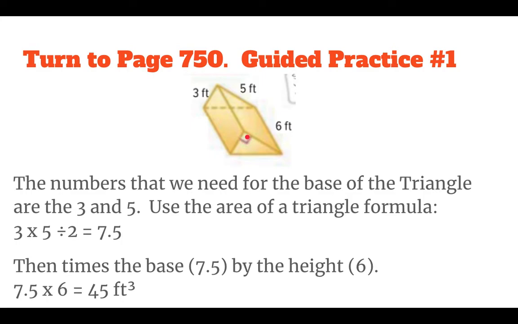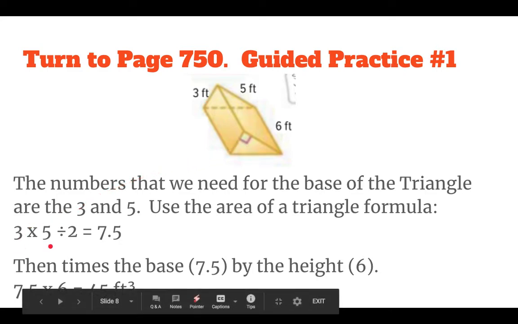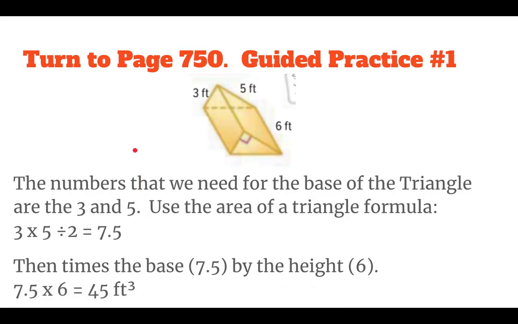The two numbers I realize that are related to this triangle are the 5 and the 3. To find the area of this triangle, I go 3 times 5, 15, divided by 2 is 7.5. Now I'm going to times that by the height. So 7.5 times 6 happens to be 45. The answer to number 1 on page 750 is 45 feet squared.